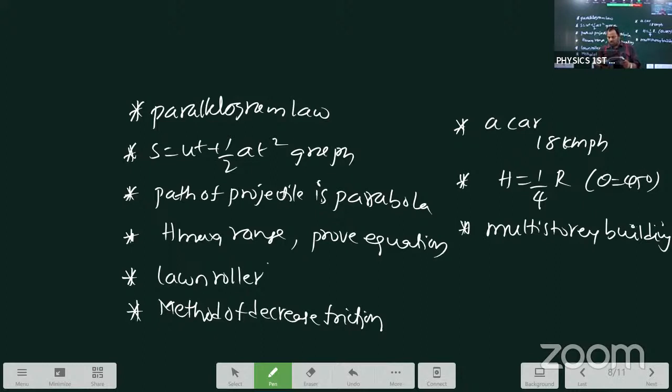If so, give an example. What is the question asking? Velocity and acceleration, both are in different directions, opposite directions. Possible or not? If possible, give an example.